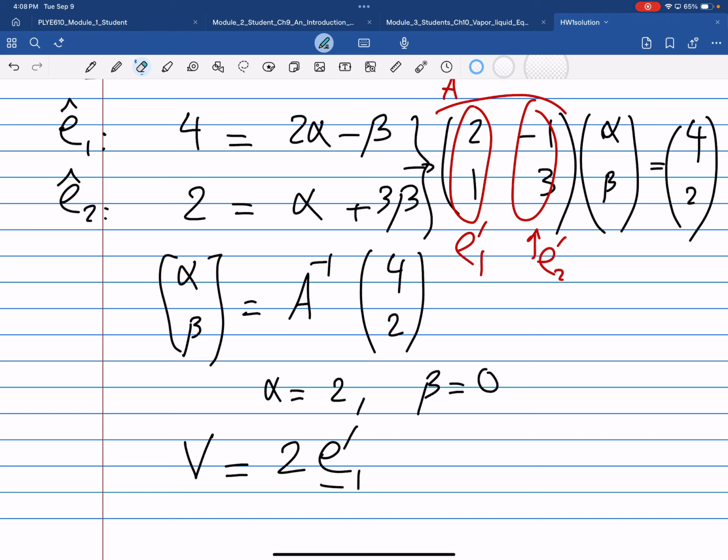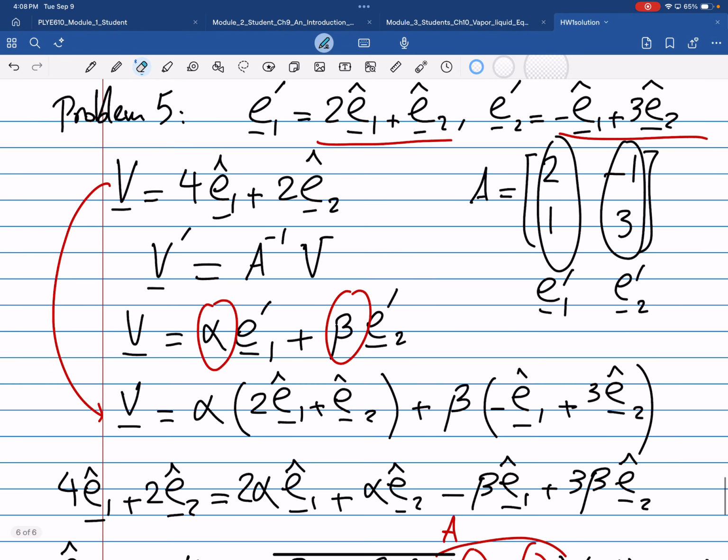Any questions about this? Maybe a little bit confusing. So what we did, we know the v vector is not changing. I'm calling it alpha, some constant, times e prime 1, the coefficient for e prime 1, and another coefficient beta for the second vector that I have. And then I'm going to just expand it.